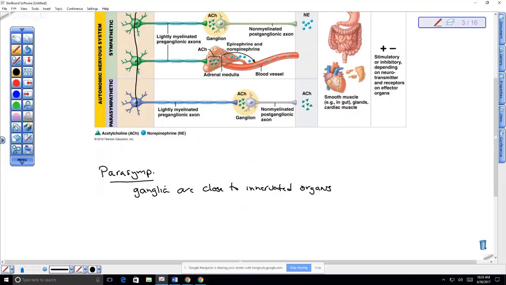What that means is that their preganglionic axons are long, because they have to extend almost all the way to the organs they're innervating. So here, notice that this is a long preganglionic axon, and then this is a short preganglionic axon, okay? So the postganglionic axon is short.